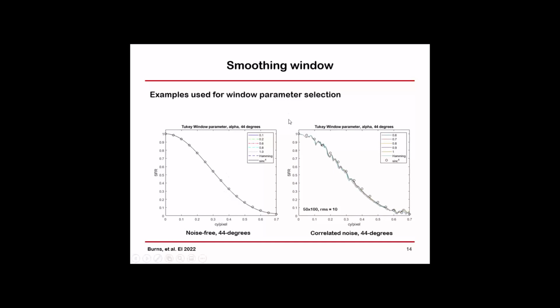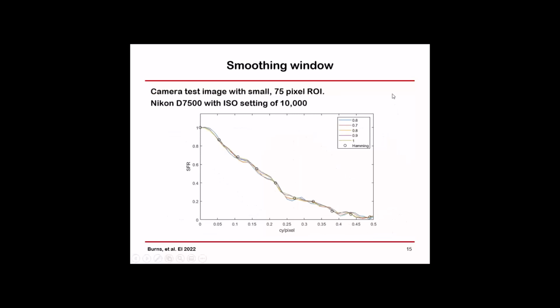What about when we add noise? The same edge, when we're adding a fairly high level of noise, correlated noise here with some texture to it, we see, in general, fairly good results almost regardless of the amount of smoothing, at least beyond an alpha of about 0.6. It's worthwhile then proceeding to look at actual camera images.